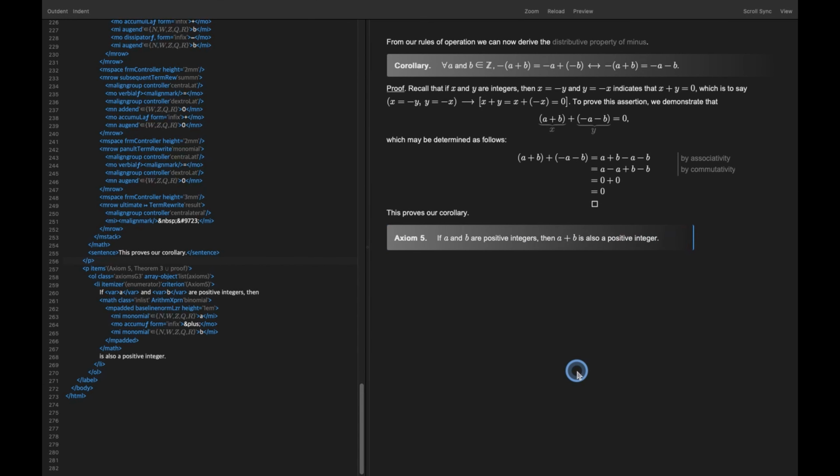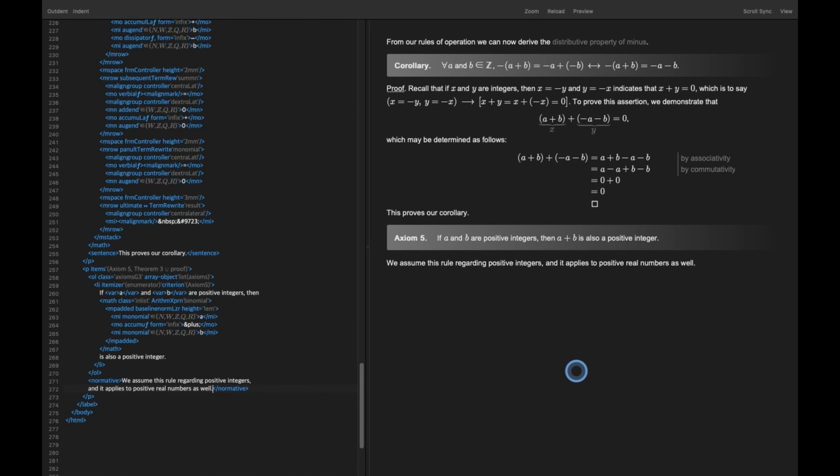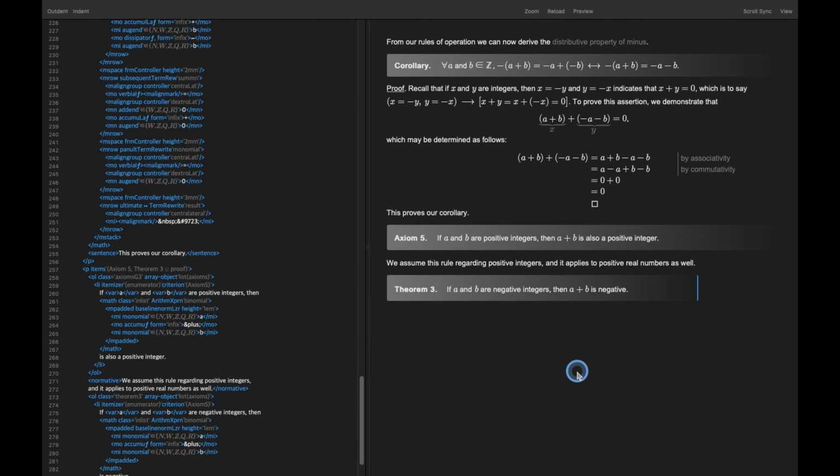Axiom 5. If a and b are positive integers, then a plus b is also a positive integer. Now we simply assume this rule to be self-evident regarding the positive integers, and also regarding the positive real numbers. Theorem 3. If a and b are negative integers, then a plus b is negative.